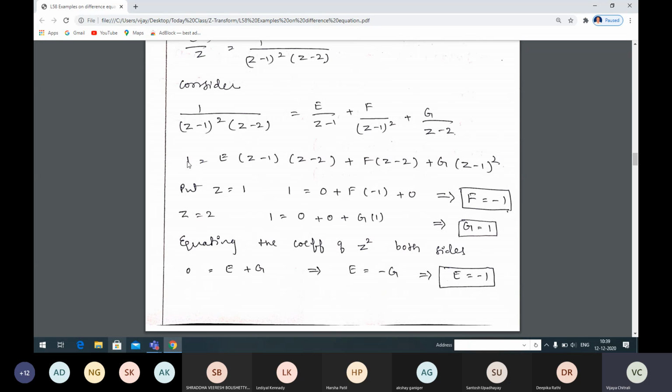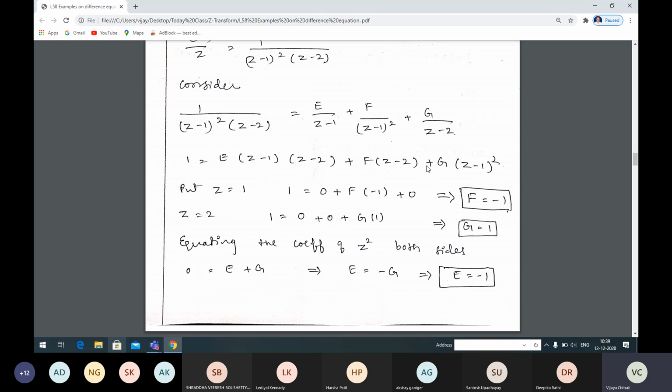On the RHS, z square is possible in the first term, where the coefficient of z square is E.